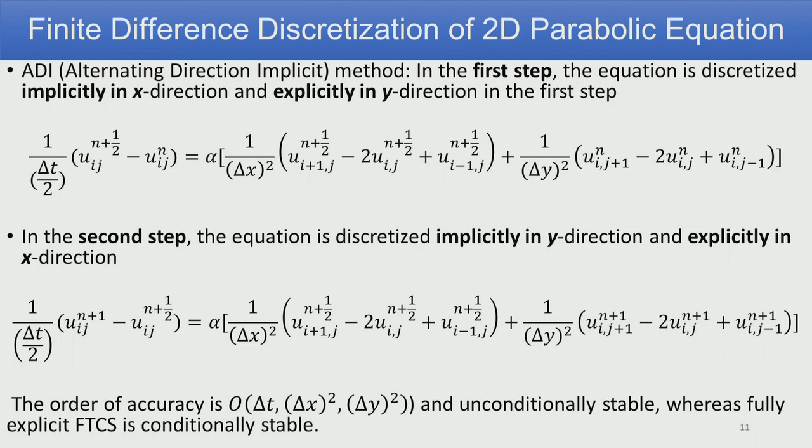So, we get an advantage by doing this alternating direction implicit: the matrix is simplified from pentadiagonal to 2 tridiagonal matrices, order of accuracy improves and it becomes unconditionally stable.